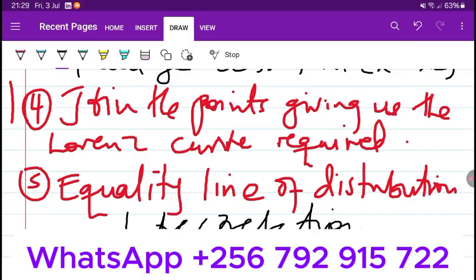You look at the space. If it is too wide, then it means they are less equally distributed. But if the distance from the curve to the line of equal distribution is small, then it means they are evenly distributed.